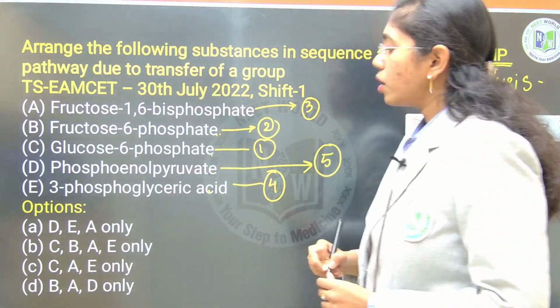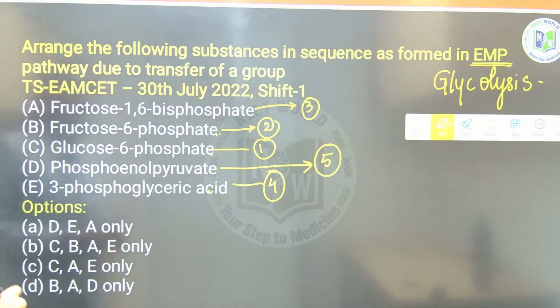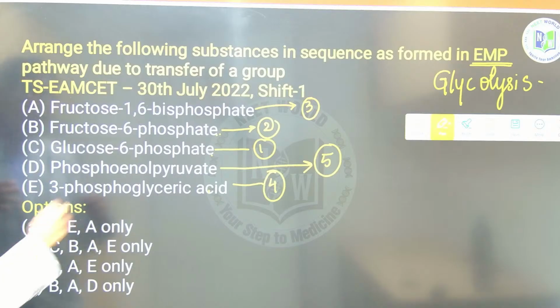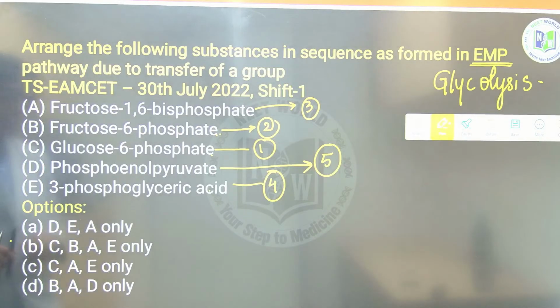Fine, right. So here, due to transfer of a group. So this will be the sequence of the reactions, but we have to address only those substrates which are formed due to transfer of a group.